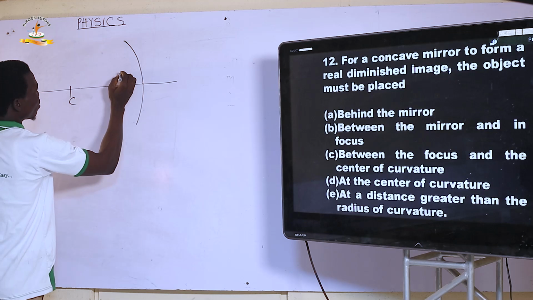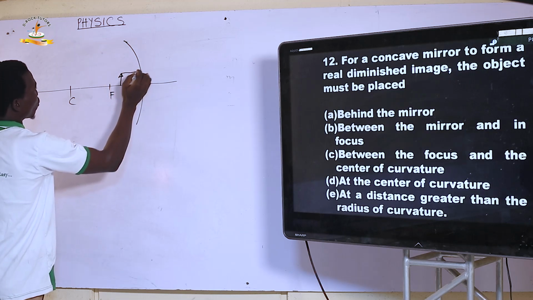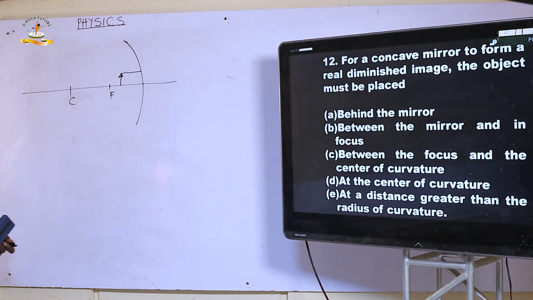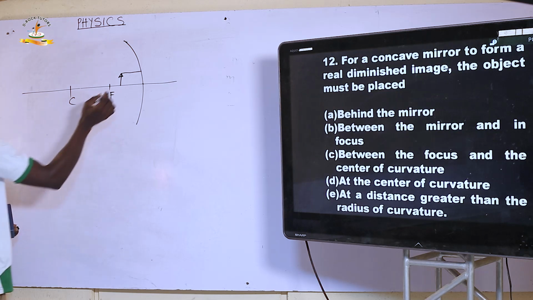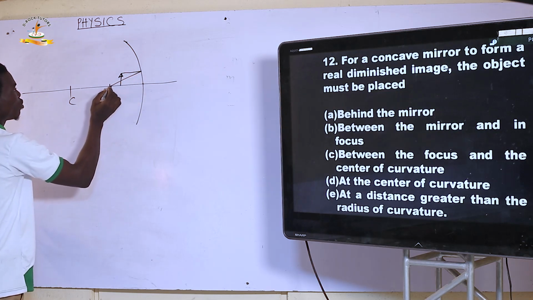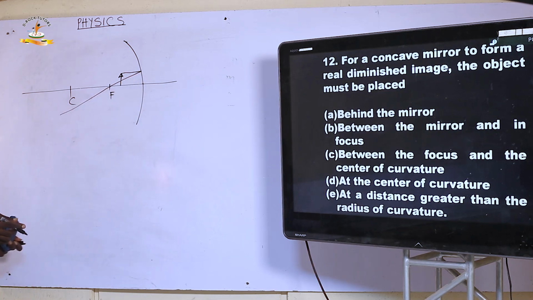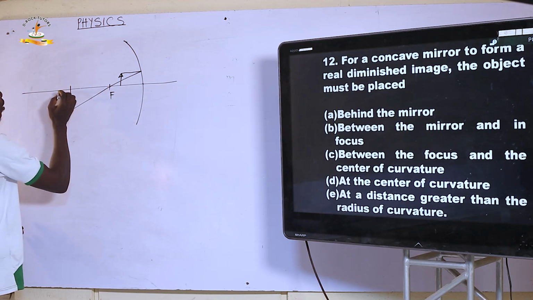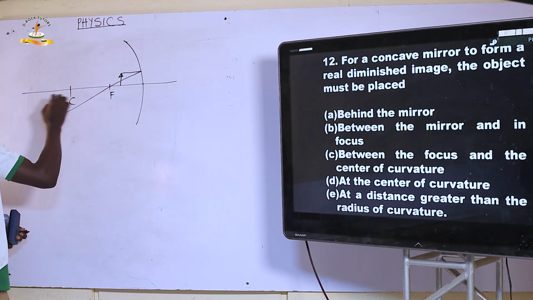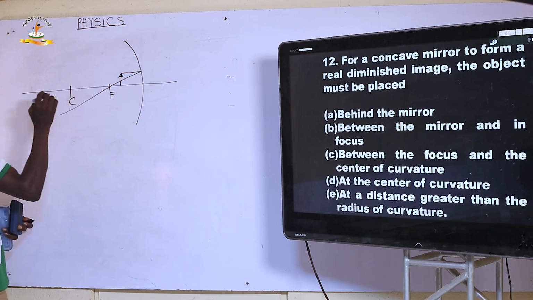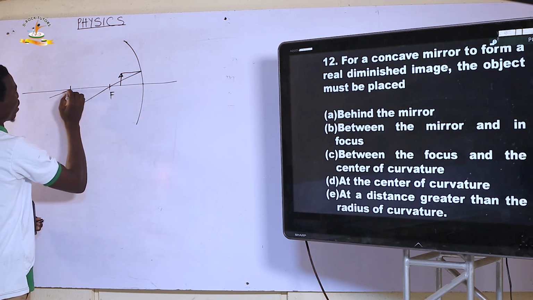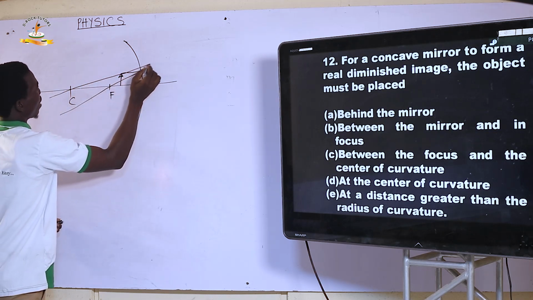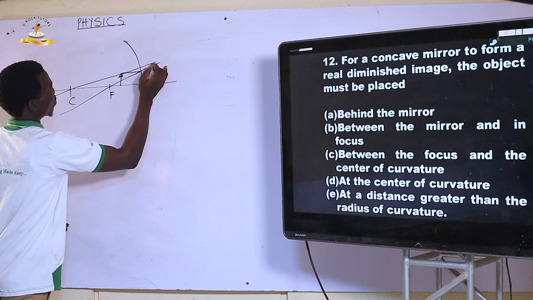There will be a ray that moves from the object and bounces back. It must pass through the focal point. That's the first thing. The next thing is a ray that will move from the curvature down to the head of the image. So we draw a line and see where they meet.